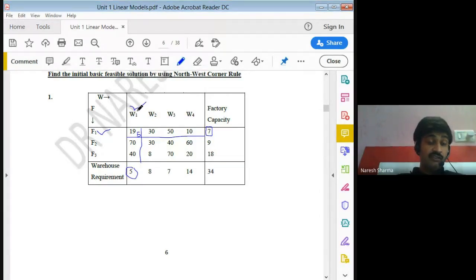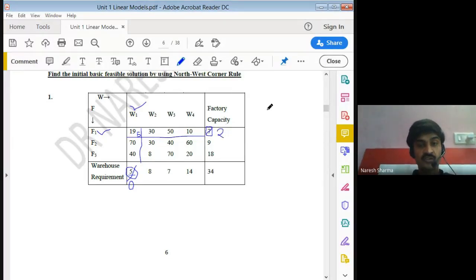W1 requires 5 units, so once you send the 5 units, its requirement is complete. So this warehouse now has requirement 0. And this factory sent 5 units, that means now it has only 2 units left. Okay, hope it is clear.